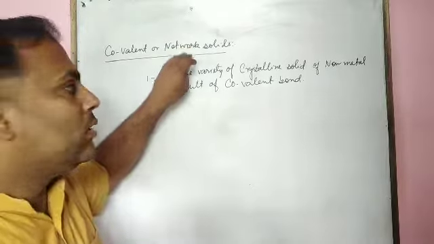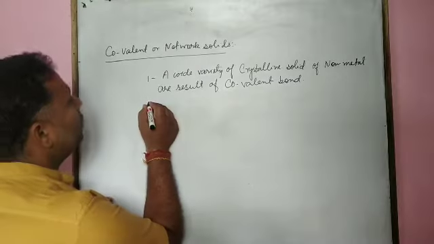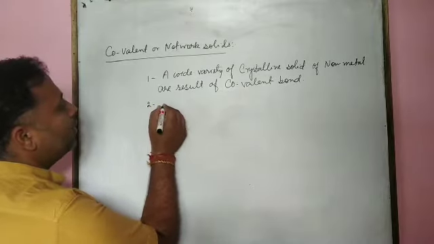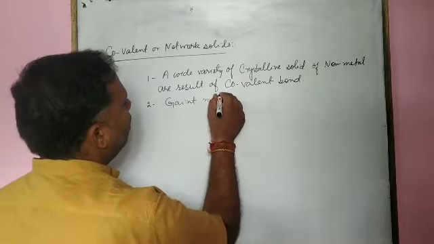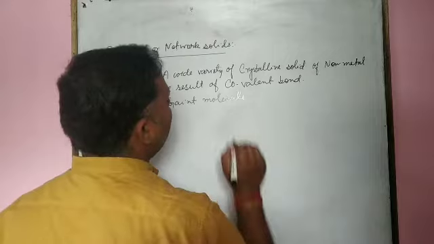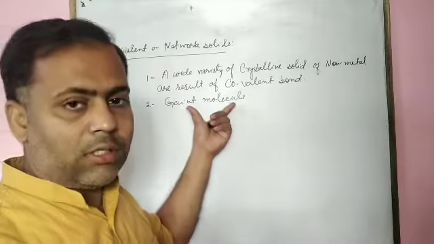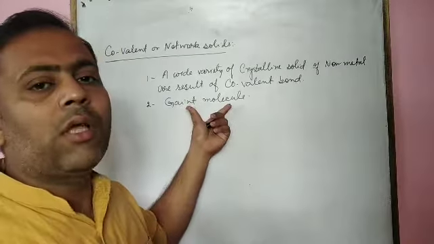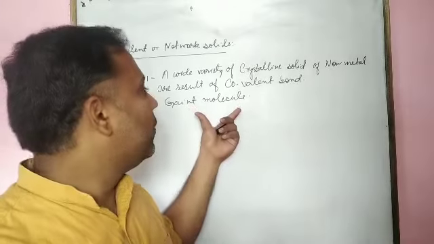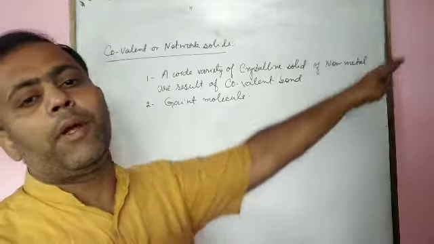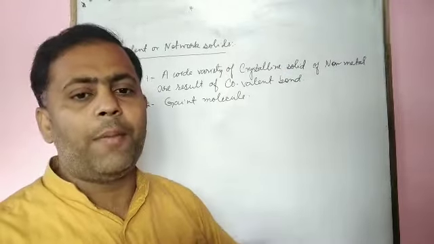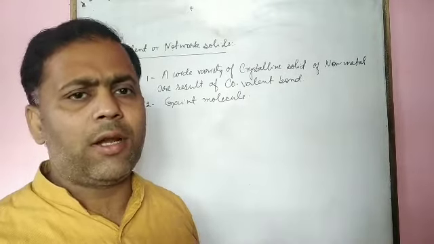It means these are giant molecules. We'll take an example. Why are they giant molecules? Because in this case the atoms are joined together by the means of covalent bonds and they have a long repeating unit, as in case of diamond and graphite you have studied in class 10th.